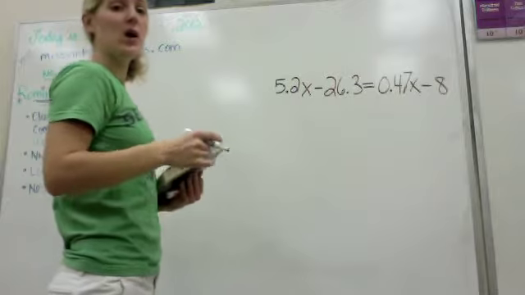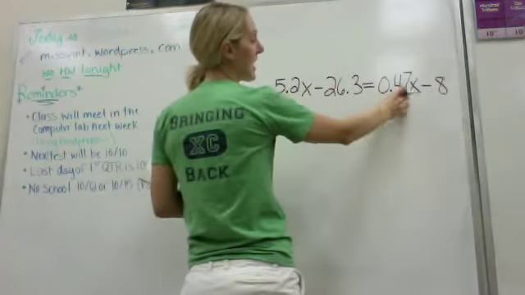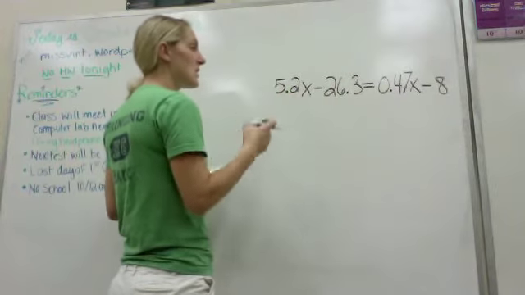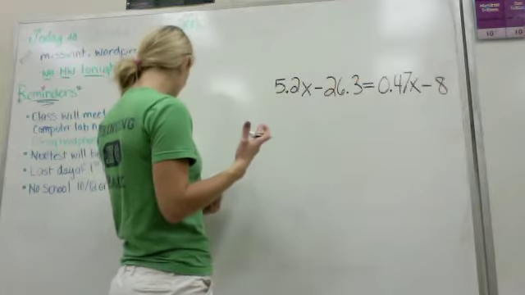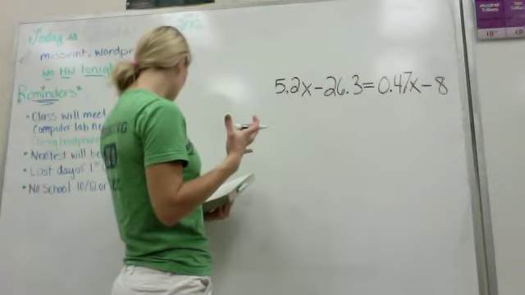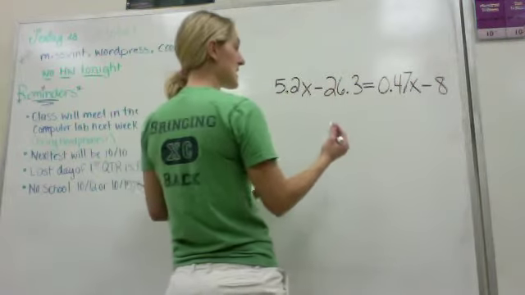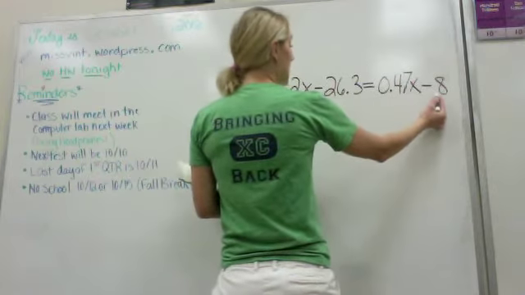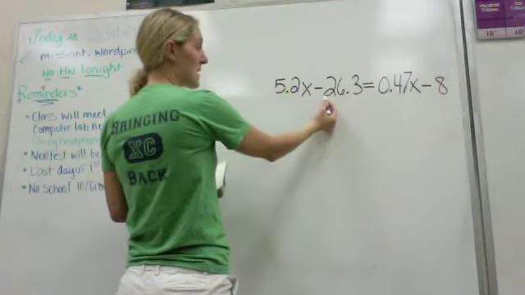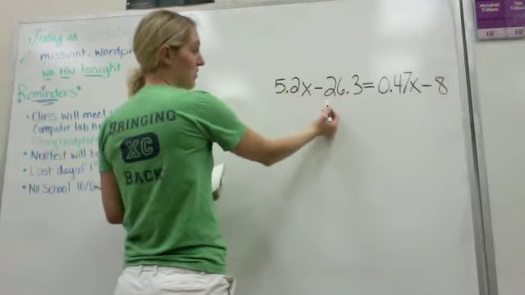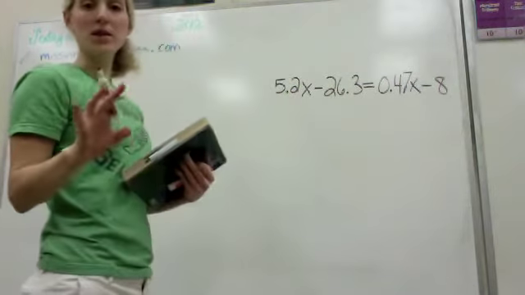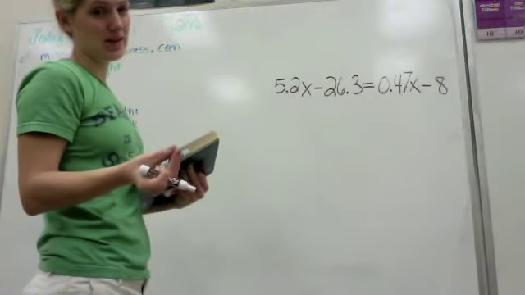Well, we do now have a variable on each side of the equal sign. So we still need to combine our like terms. The first step that I'm going to do here is I'm probably going to combine my negative 8 and my negative 26.3. Okay? Now I'm going to show you a quick trick.